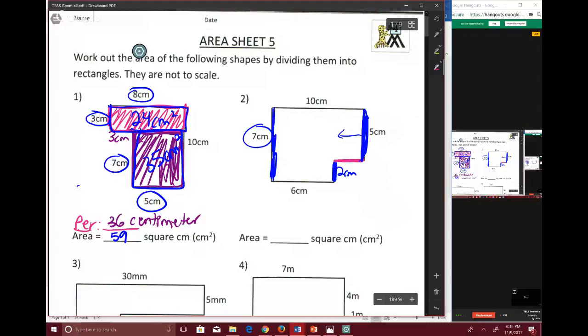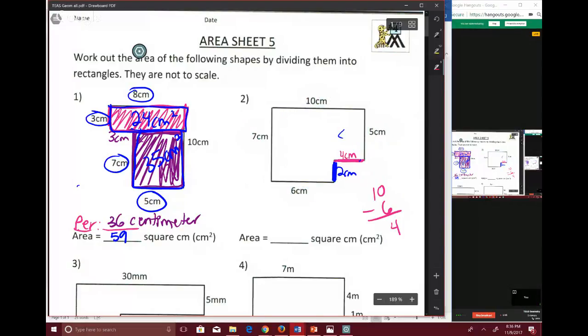If you get confused anywhere here, you can immediately back me up and look at it one more time. Here, I have 2 horizontals that add to 10. There is no horizontal line exceeding the length of 10. So 10 centimeters and 6 centimeters are the 2 that I know. And if I take them and subtract them, I will discover that this right here is 4 centimeters.